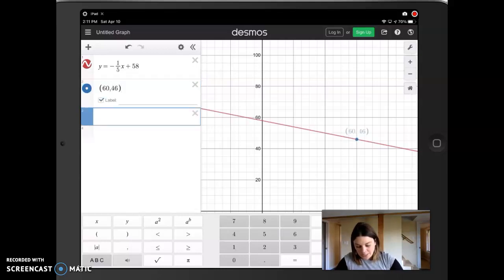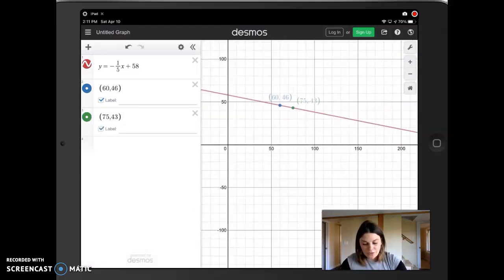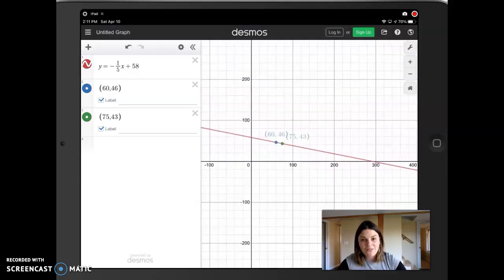Click on the label, and it was 75, and it went down to 43. Oops, gotta put in those parentheses, label, and you can see that those 2 values are on your graph.